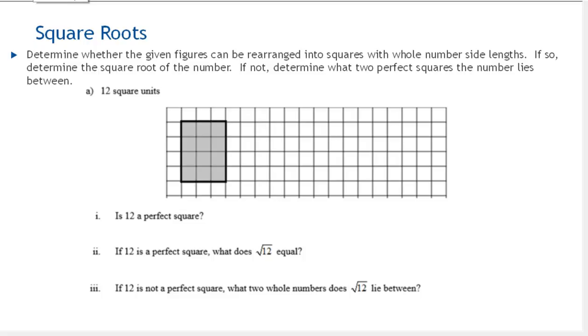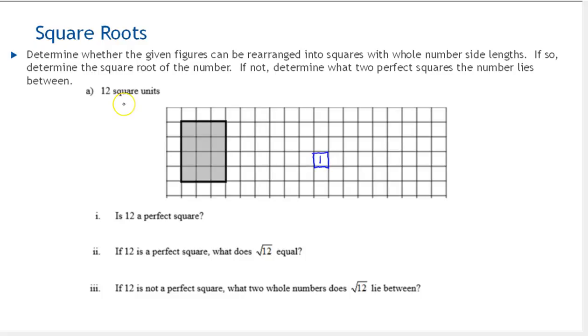So here's what we're going to do. We know we have 12 square units, so we're going to use this spiraling method. I'm going to start by labeling one square 1. Now notice this 1 is a perfect square, because it has a side length of 1 for each side.